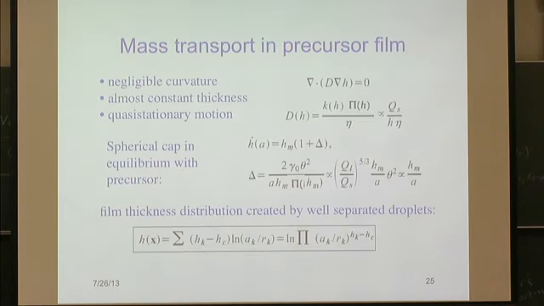Then we can do it quantitatively, because this would be the equation of motion in the precursor film. It will be a diffusion equation with some effective diffusivity.